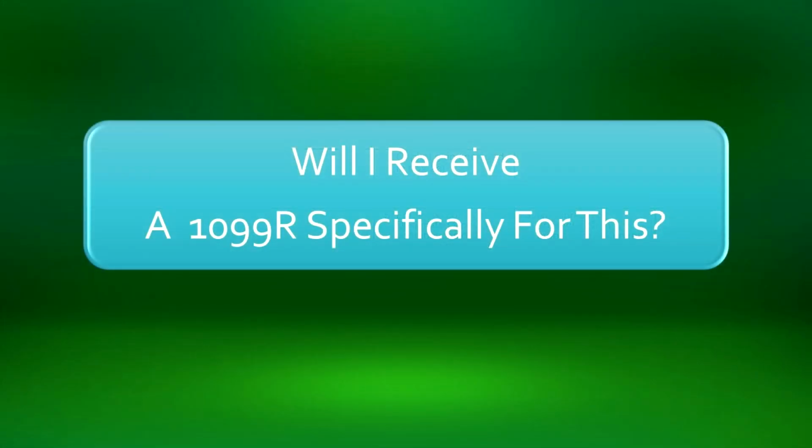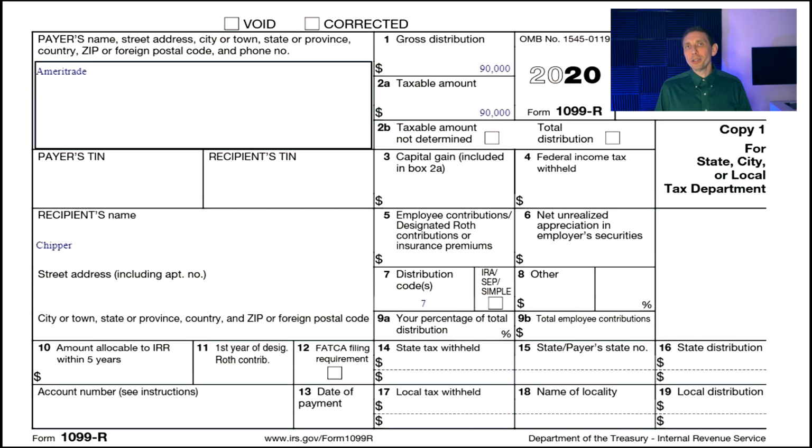One of the most common questions you have all been asking surrounding this issue is, will you get a 1099-R related to coronavirus hardship distributions for 2021? To the best of my knowledge, the answer is no. Your complete coronavirus hardship distribution should have been reported on your tax year 2020 1099-R.